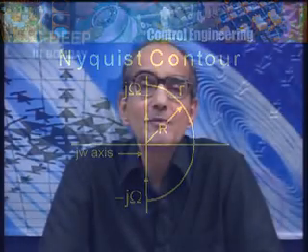Cauchy's principle of the argument will tell us something about what? The number of encirclements by the image contour of the origin in the image plane is related to the number of zeros and poles of the function f of z, or in this case f of s, enclosed by the contour.